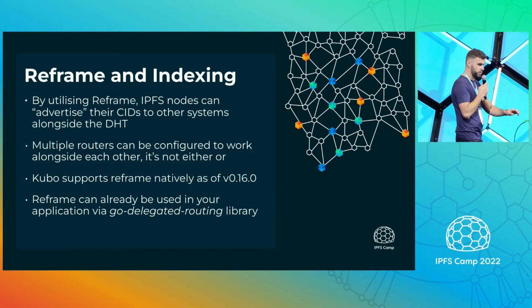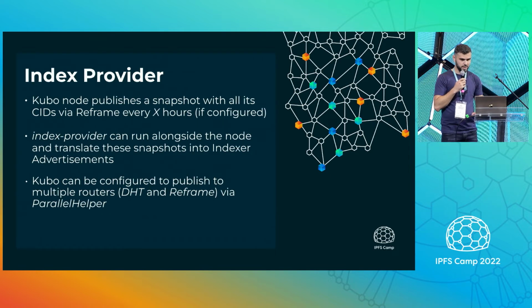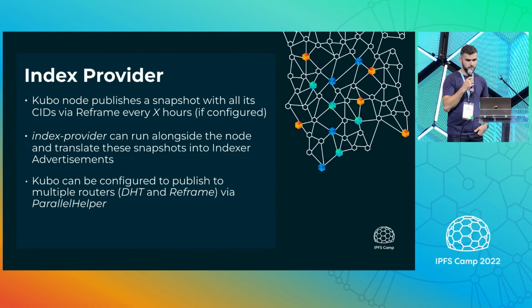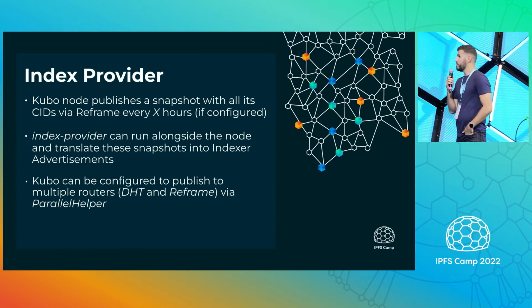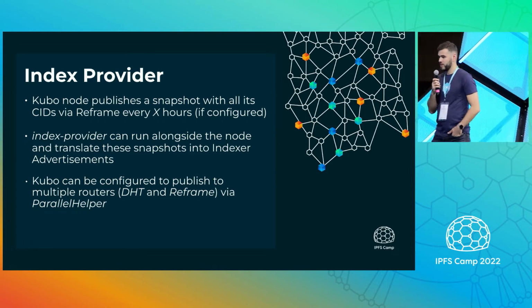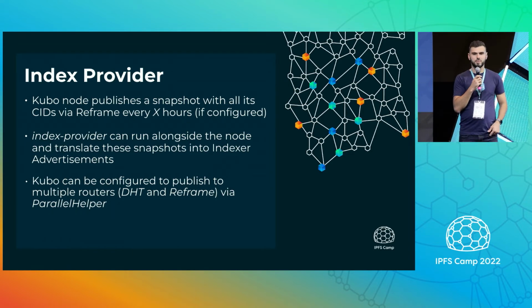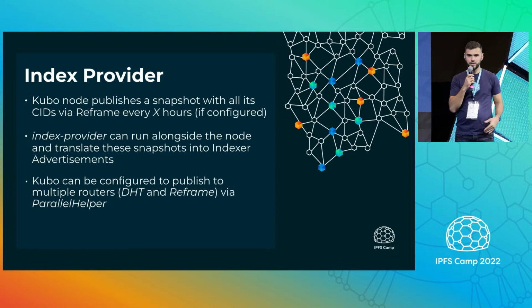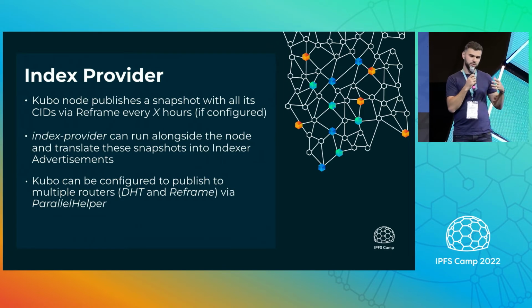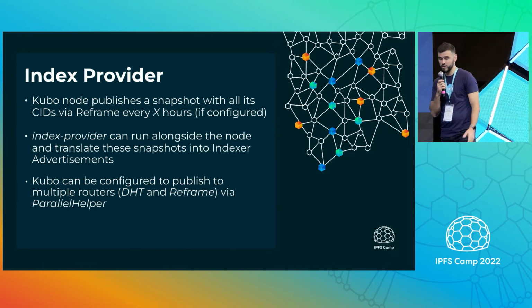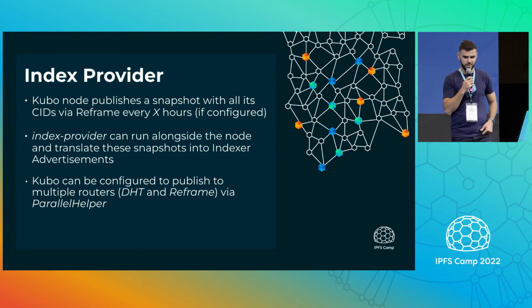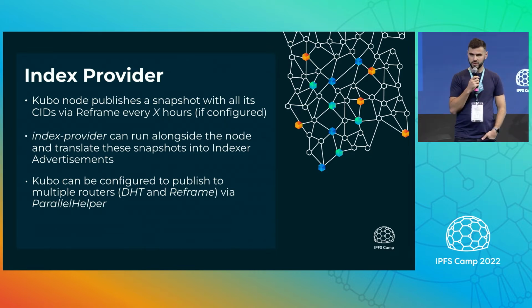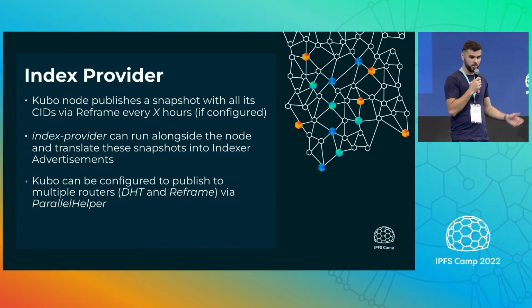So how do we use Reframe to integrate IPFS with indexing? The way a Kubo node advertises its contents, it publishes a snapshot of all of its CIDs into the configured routers every X hours. X is 12 by default. We have a small sidecar process called index provider, and you can run this index provider alongside your Kubo node.